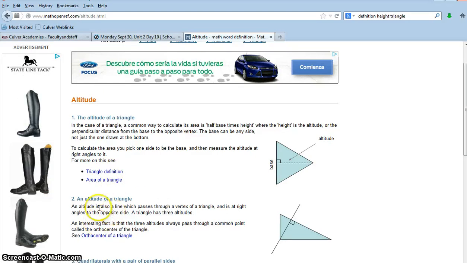An altitude of a triangle is also a line which passes through a vertex and is at right angles to the opposite side. Now, this really should say to the line containing the opposite side, because when we look at the obtuse, it doesn't hit the opposite side, it hits the line containing the opposite side.